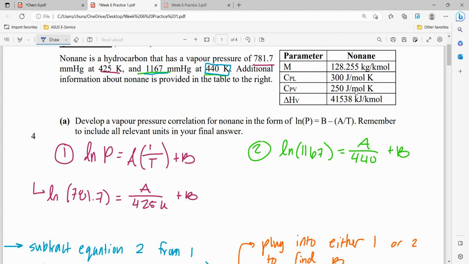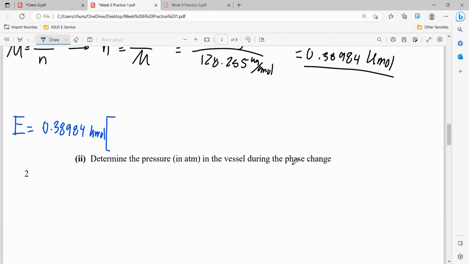Oh, and we need to convert our kilomoles into moles for the sake of this question. Sorry, let's do that because we want to keep our units consistent. So this allows everything to work out nicely. Then this is equal to 389.84 moles.